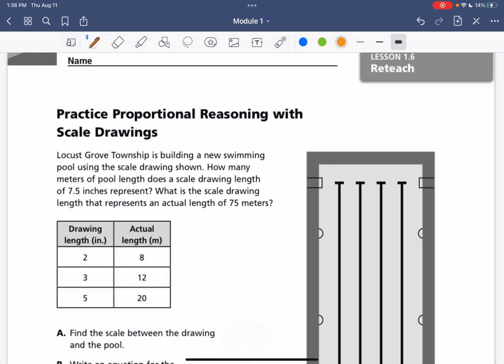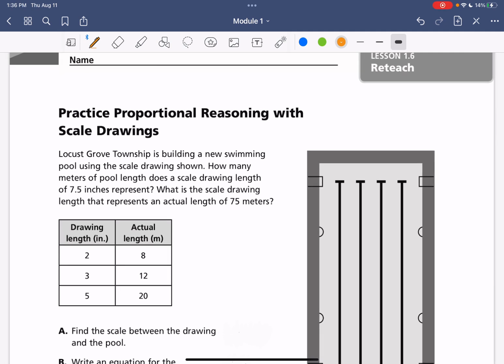All right, here is our word problem. Locust Grove Township is building a new swimming pool using the scale drawing shown. How many meters of pool length does a scale drawing length of 7.5 inches represent? And then the second question is, what is the scale drawing length that represents an actual length of 75 meters?